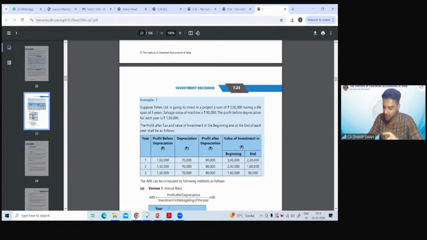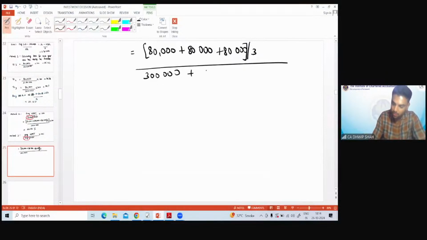The closing investment at the end of the third year is... no, not for all the 3 years. Average investment is the opening amount of investment at the start of year 1, that is 3 lakh, and the closing investment is the amount of investment at the end of year 3, that is 90,000. Opening plus closing divided by 2.